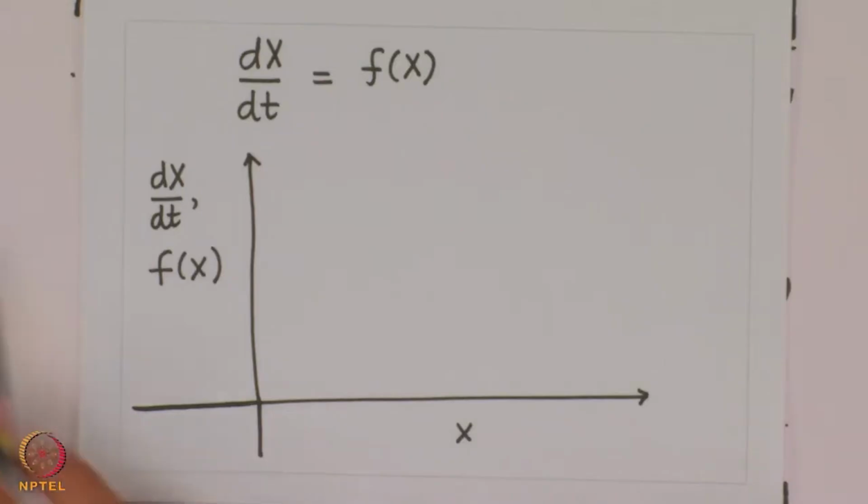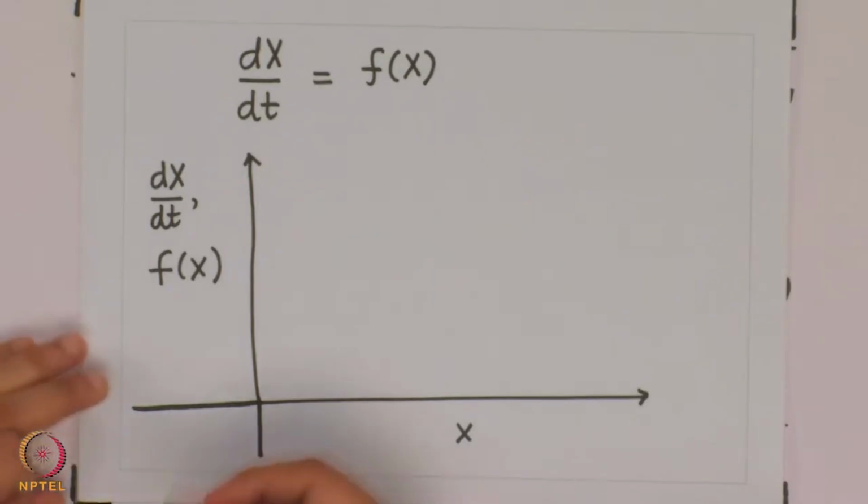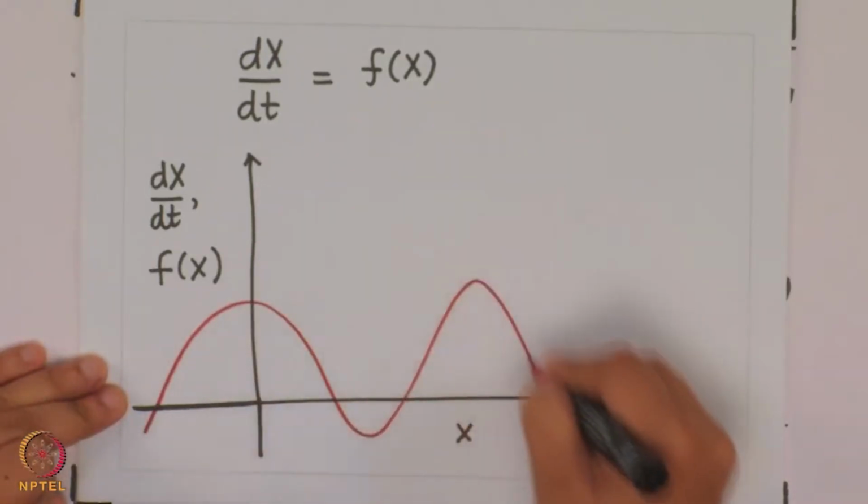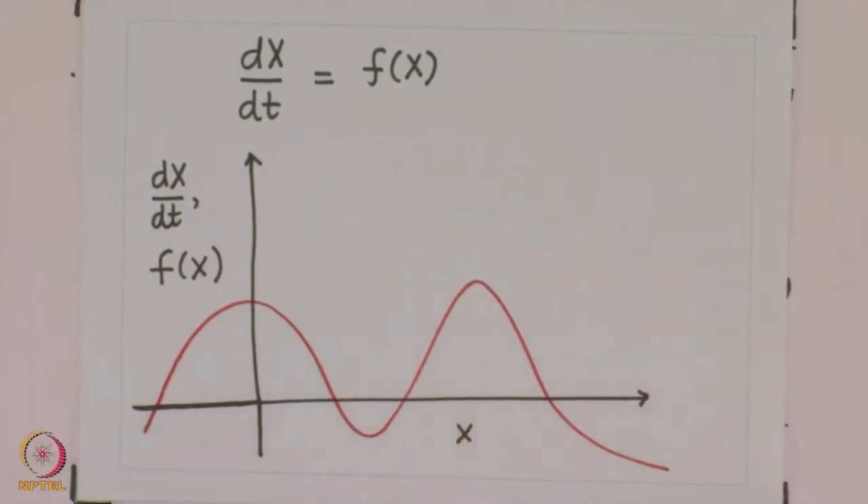So, you want to draw the graph between x and f(x), and let's imagine that you plot this and this is the graph that you get. The first thing to do is ask how many times this graph crosses the x axis, because those are your steady states.